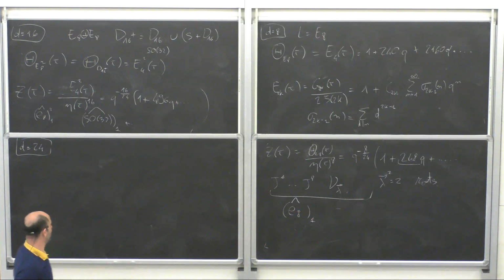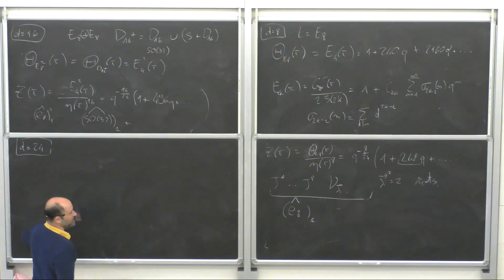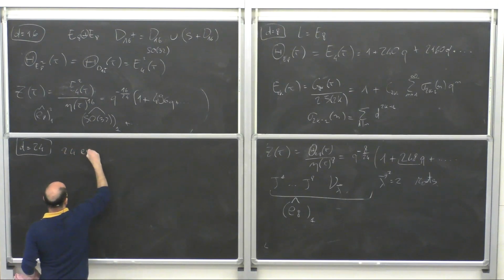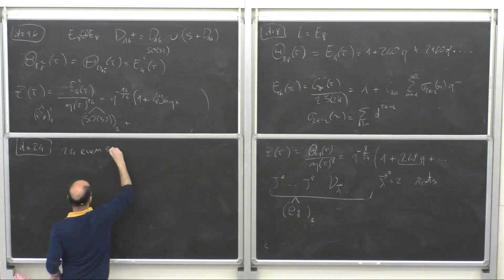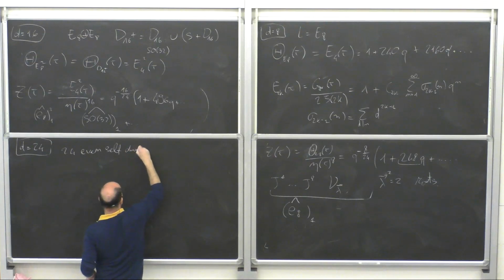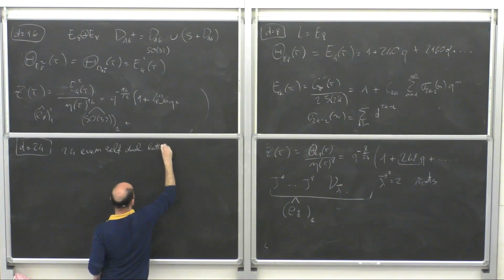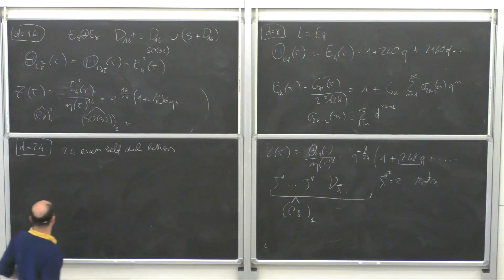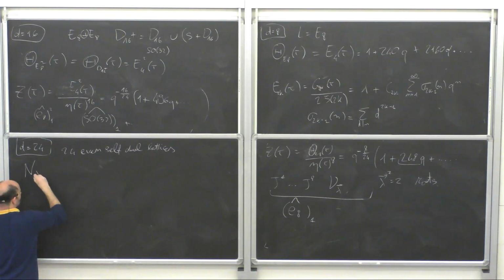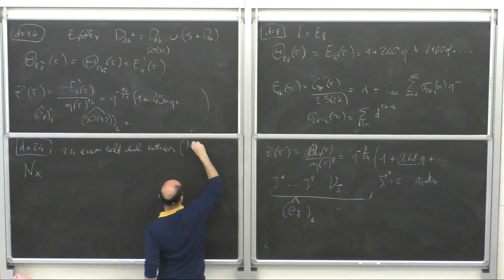Okay. Central charge 24, there are 24 even self-dual lattices. These are called Niemeier lattices. They were classified.